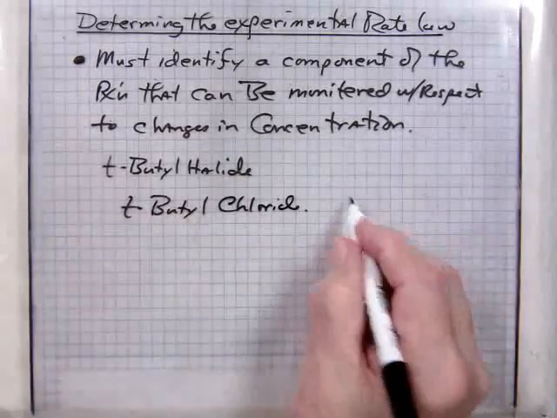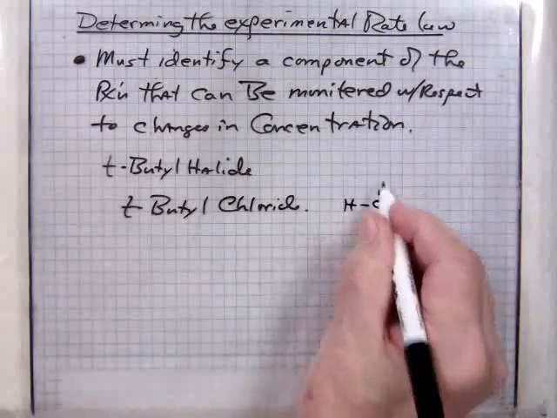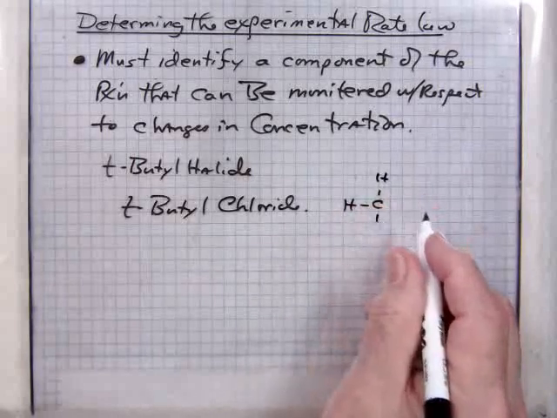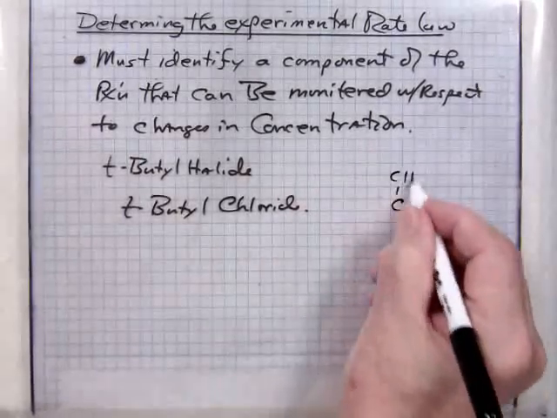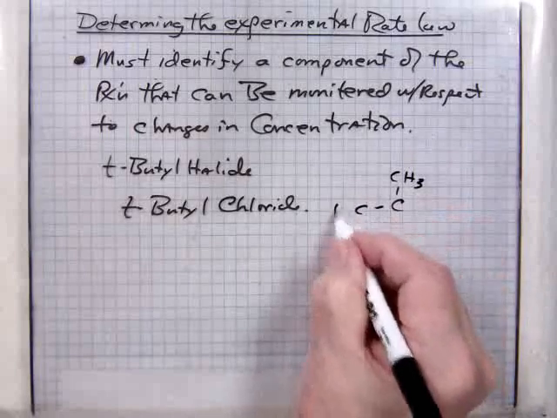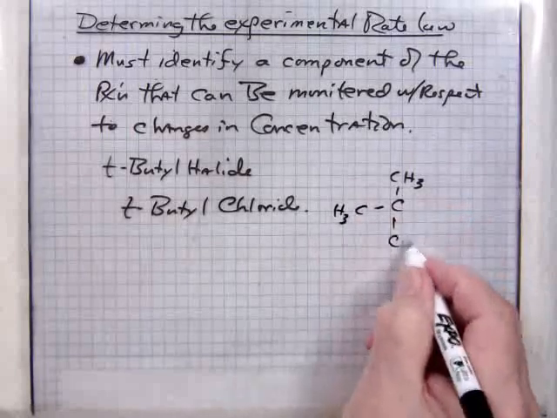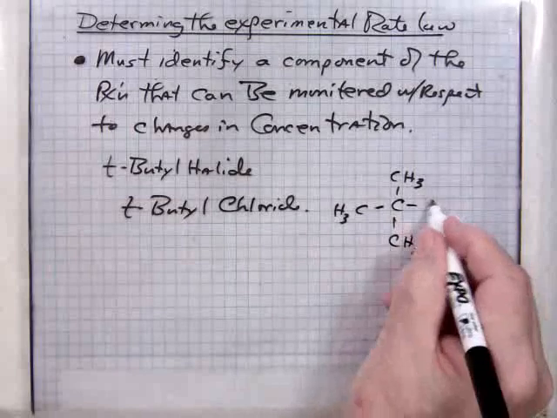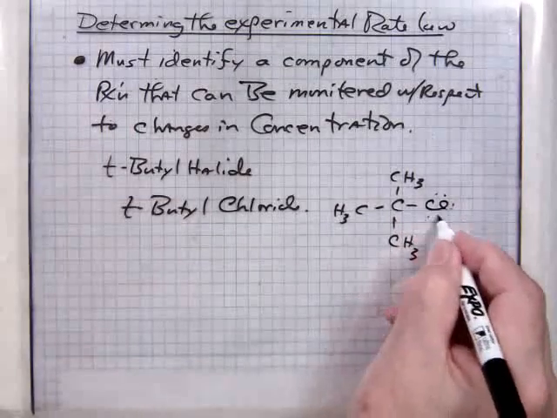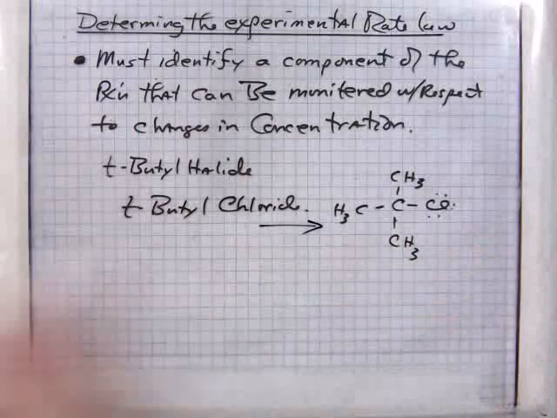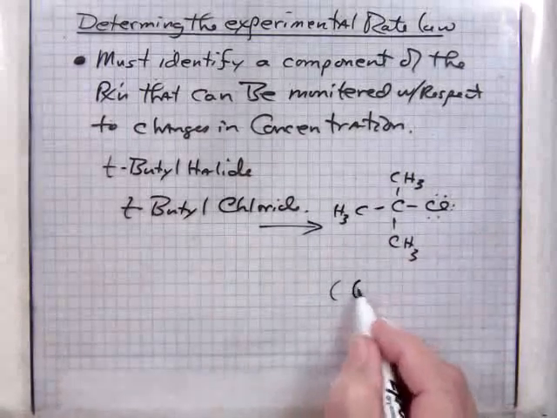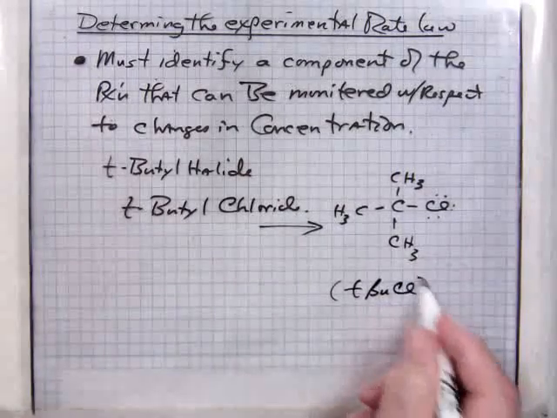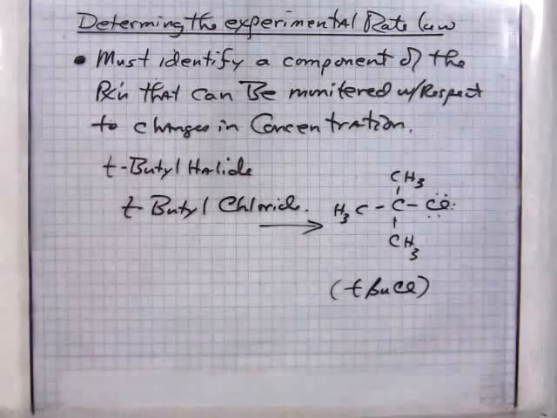It has a structure that looks like this. That's the T-butyl chloride, but what we do is condense it, T-butyl chloride like that, and then put it in the reaction and show you how it works.